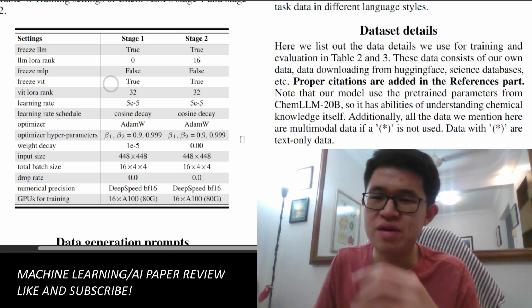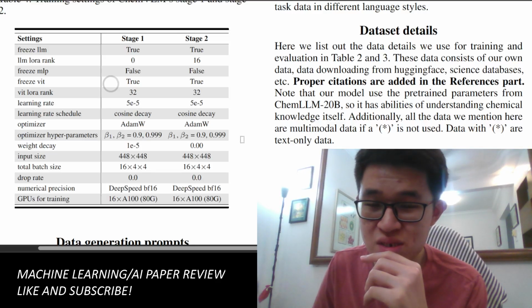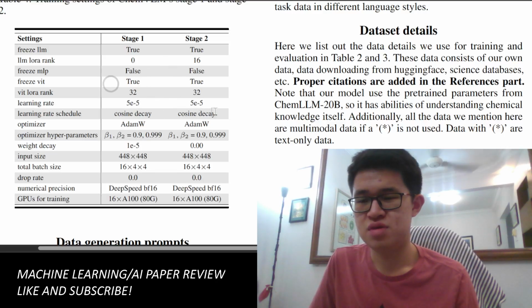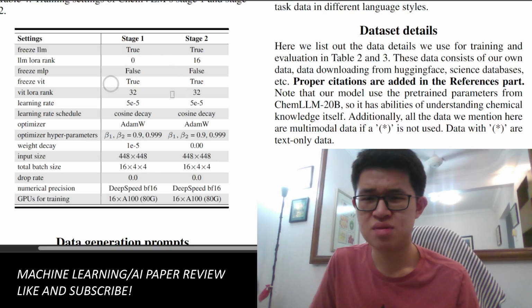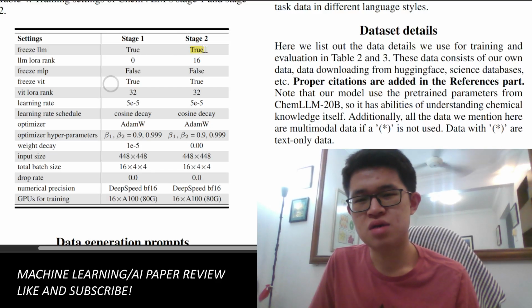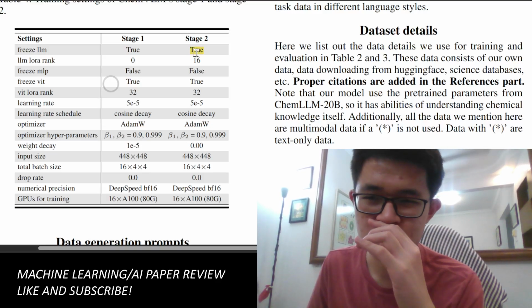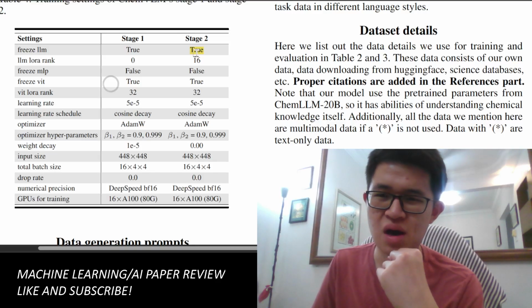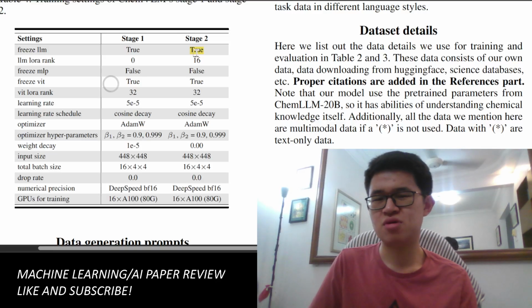Okay, now this is fascinating here. Okay, the only difference. So, I spot a mistake here. Isn't it that in stage 2 you don't freeze the LM? I don't think you're supposed to freeze it, right?